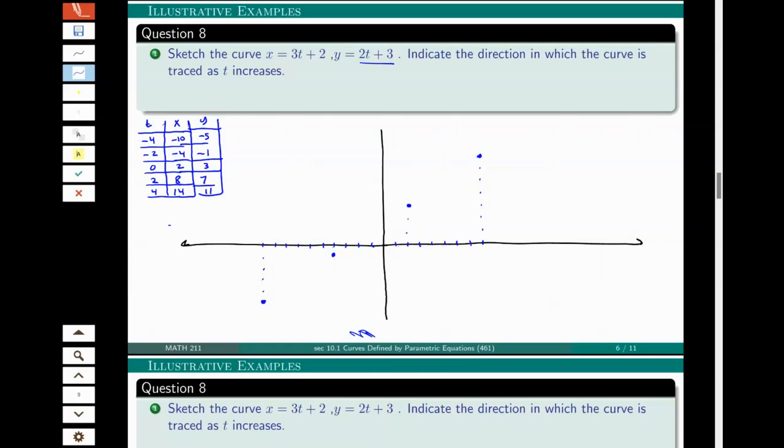Okay, that's here a straight line, going in that direction.